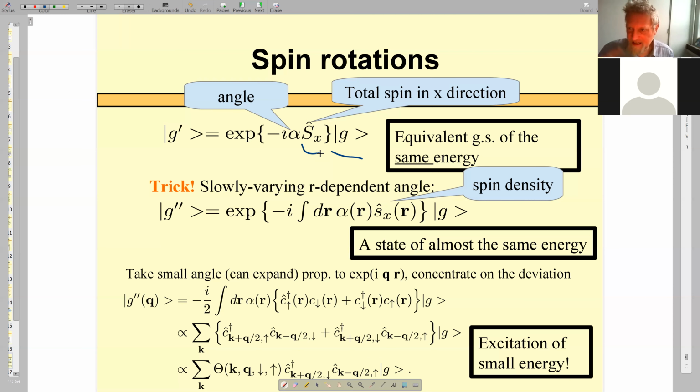And if rotation angle doesn't depend on a point in my metal, I'm doing a pretty boring thing. I'm gonna get this equivalent state which is precisely the same energy. Let's try something else. And let us assume that this angle is varying in space slowly.